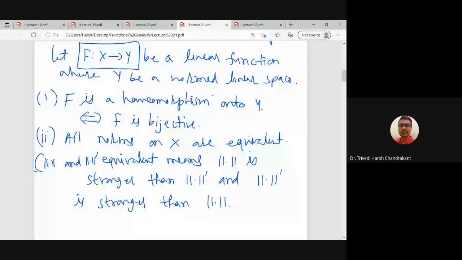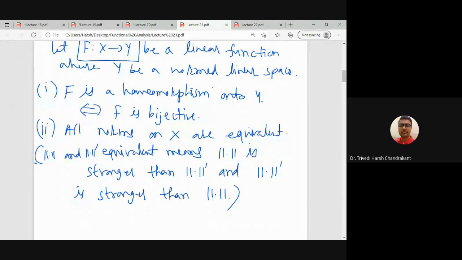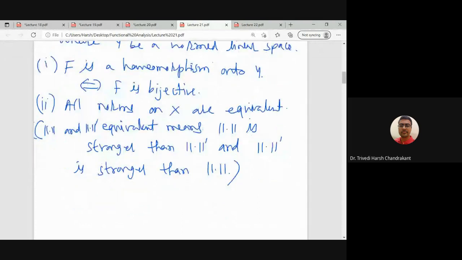So we have discussed that this happens when the norm of x is less than or equal to alpha times norm x dash for some alpha. Similarly, on the other way around. So any two norms on X are equivalent. We'll show that in this part.